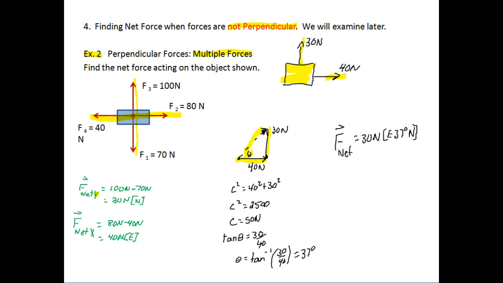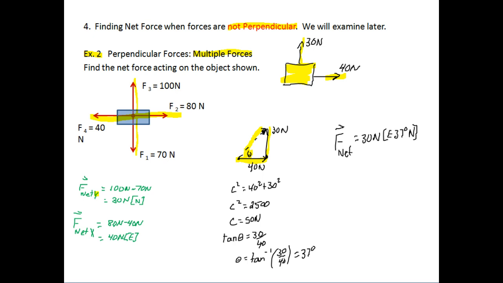Now we also need to have a direction. Remember, this is a vector. So we use our inverse tan function. We find that the angle here is 37 degrees. So the overall effect is that we have a 50 newton force which is acting east at 37 degrees north.